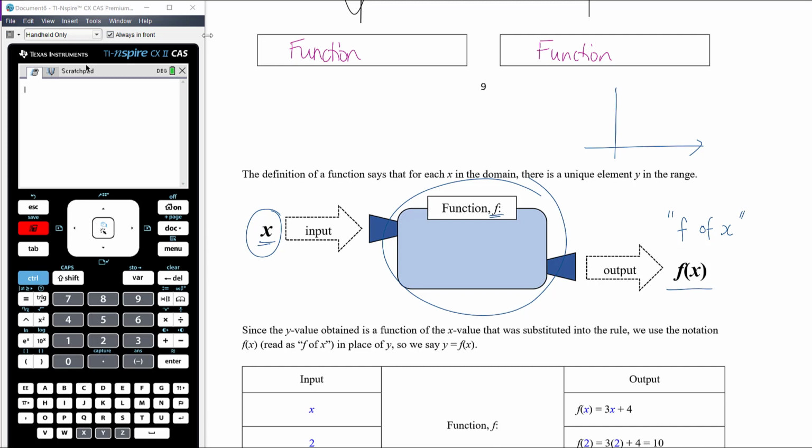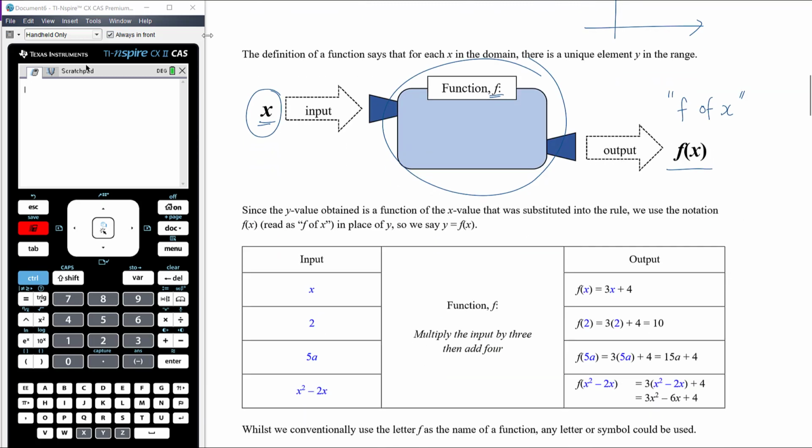Since the y value obtained is a function of the x value that we're substituting into the rule, we use the notation f of x in place of y. And so we can sometimes see that y equals f of x, but really we don't actually need there to be y in the problem at all.